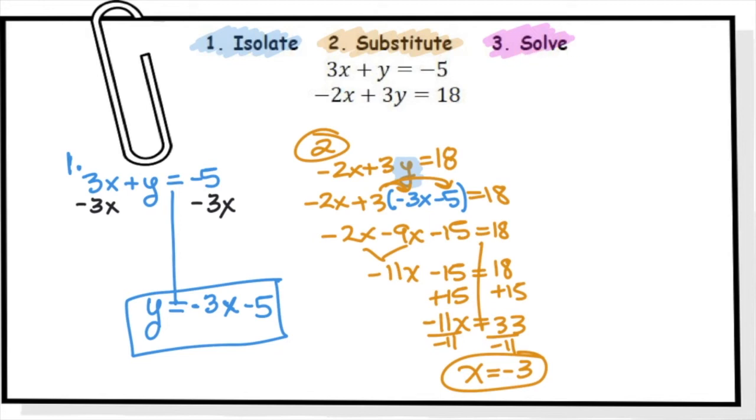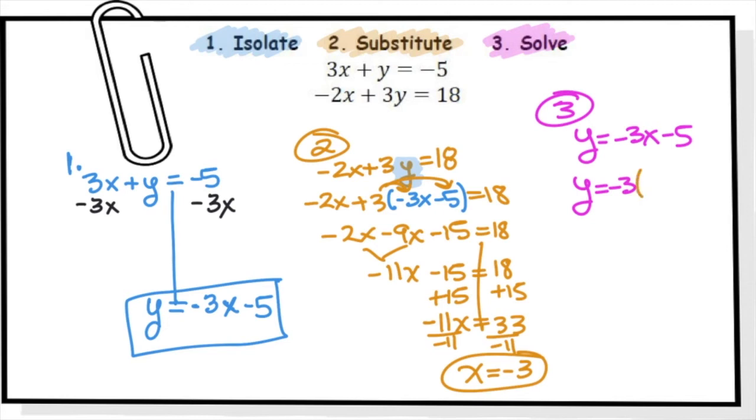So this is the way that it would look on your third step. We have y equals negative 3x minus 5. That is the equation that I found when I isolated. And now I'm going to say y equals negative 3, and I know my x value. My x value is negative 3.